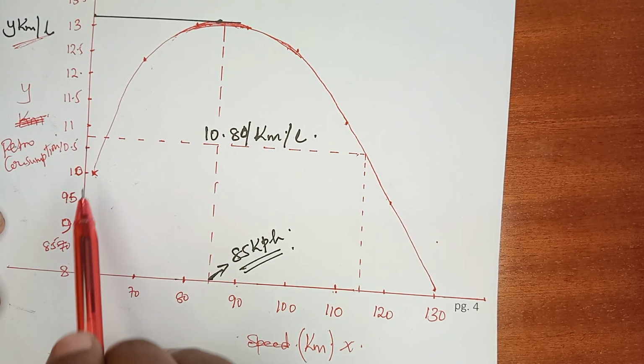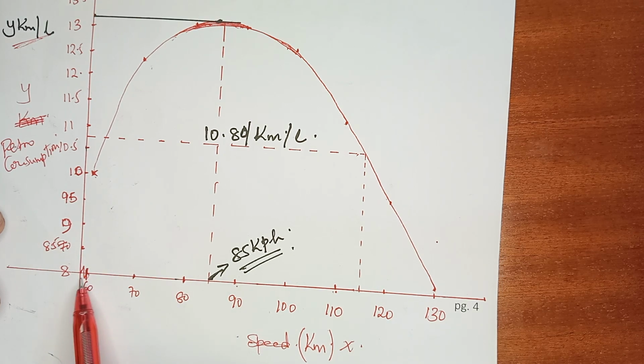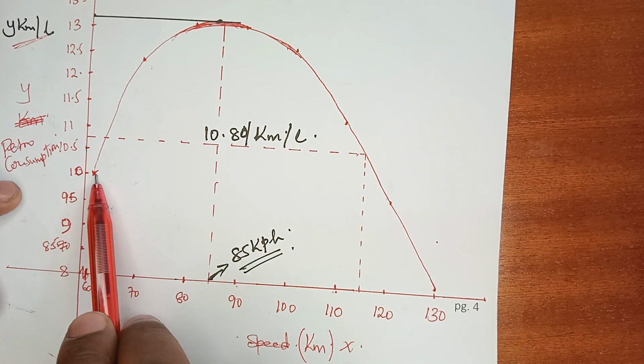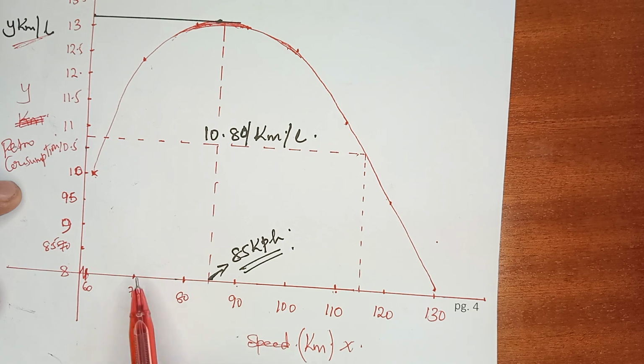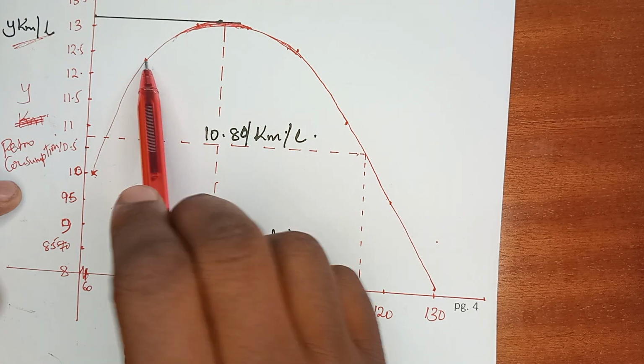For example, when x is 60, note that 60 is not at the origin. There's a broken line here to show that we are coming from far, but because we don't need the values of x below 60, we are just starting at this particular point. When x is 60, y is 10. When x is 70, y is 12.4, as you can see there.